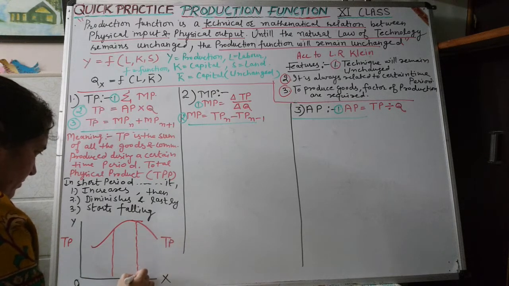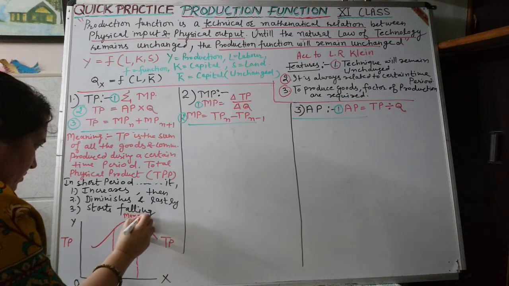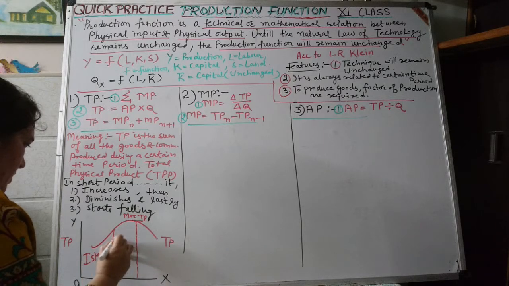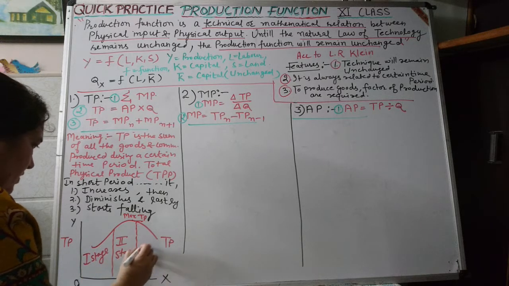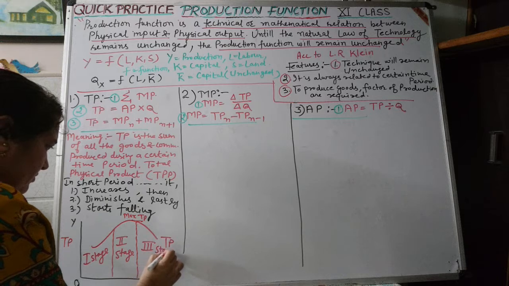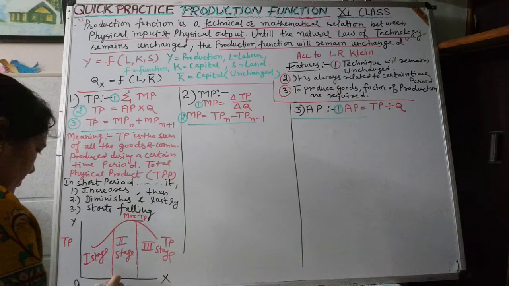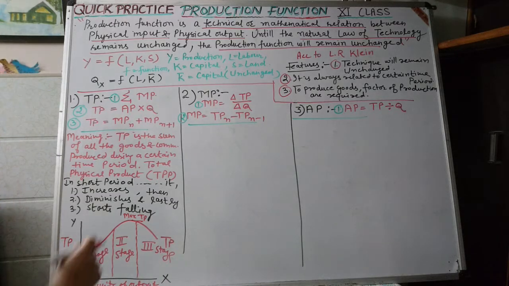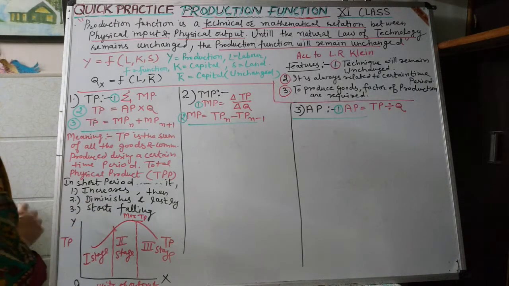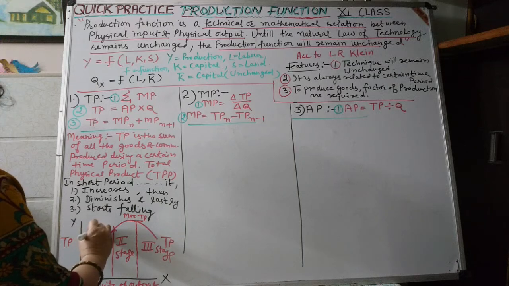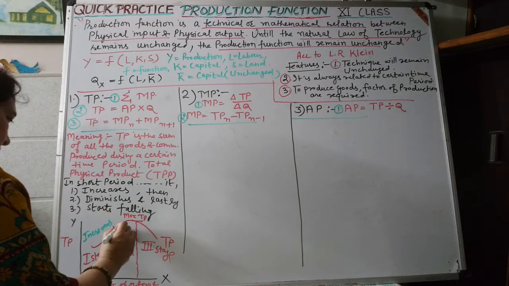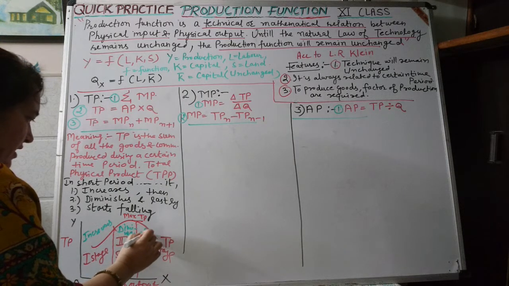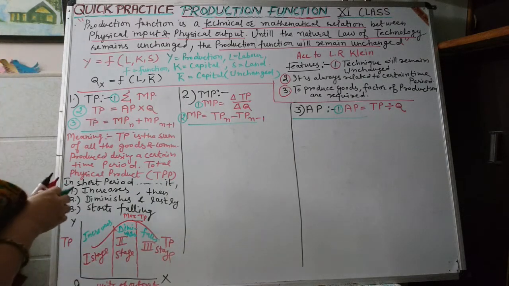TP, maximum TP. This is the first stage of law of variable proportion, second stage, or third stage. Units of output. So initially it increases, then diminishes, and ultimately it starts falling.